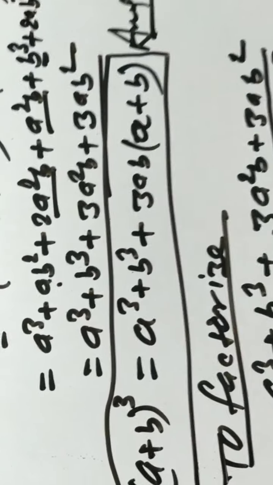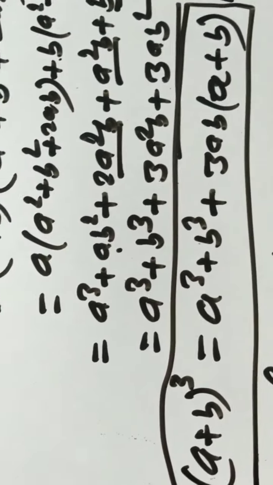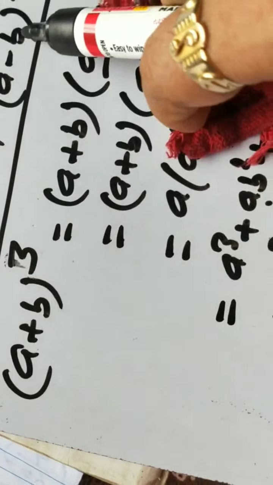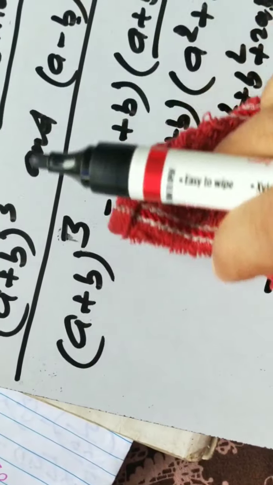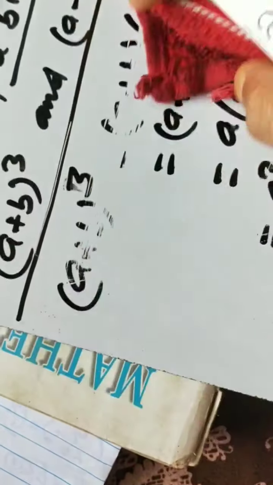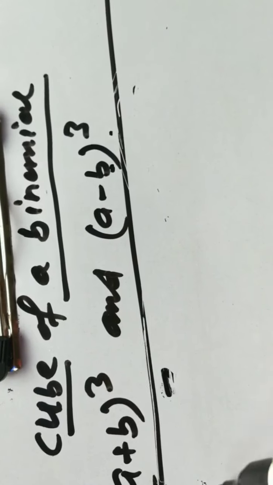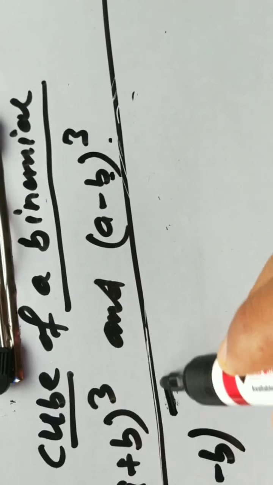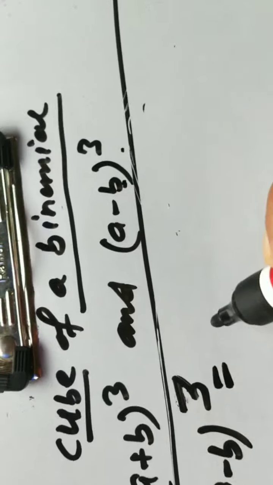Okay, now we will see the value of the second identity, (a − b)³. So let us find it. Now let us find (a − b)³.